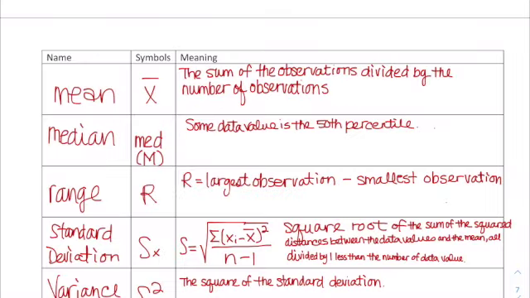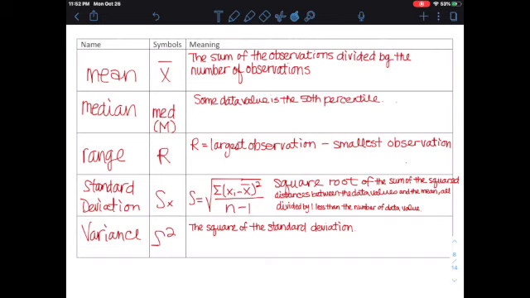Some of the symbols and meanings, names, and definitions are right here that I expect you to understand: mean, median, range, standard deviation, variance. So those are the definitions. Please copy them down. And that will be concluding day 2, our 4.2 measure of spread.